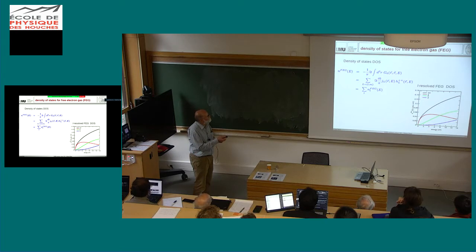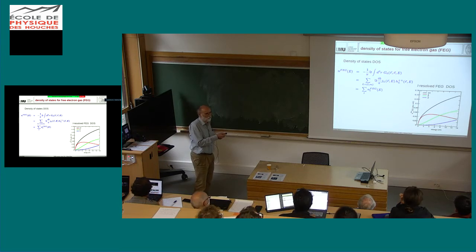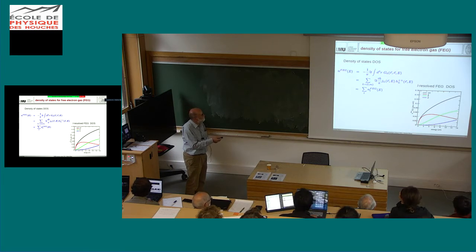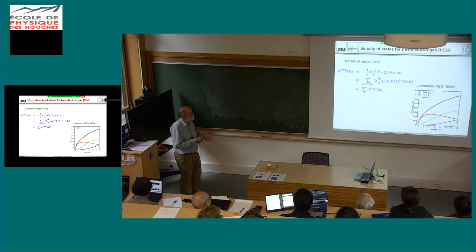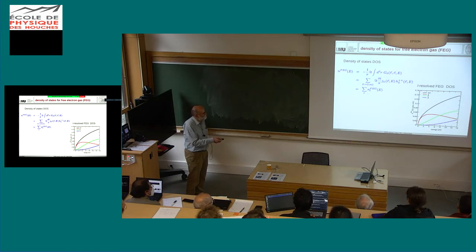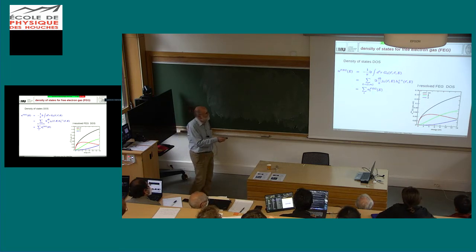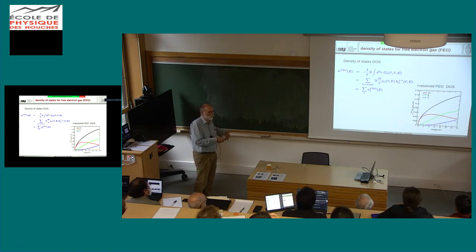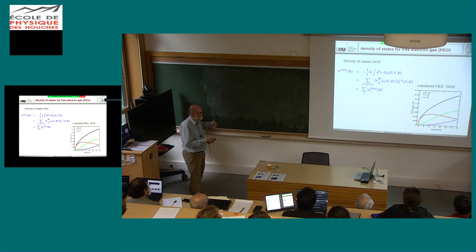Now, if that makes sense, what was on the last slide, we can apply it straightforwardly to the free electron gas. We have the free electron Green's function available, either in the exponential expression you have seen, or that angular momentum expansion, as it's given here. And that leads us immediately to an L decomposition of the density of states of the free electron gas. In fact, what we get here is for the S part, for the P part, for the D part, and the F would be already small. But you see, definitely, if you go higher and higher in energy, then the higher angular momentum get more and more important, and the other ones get less important.